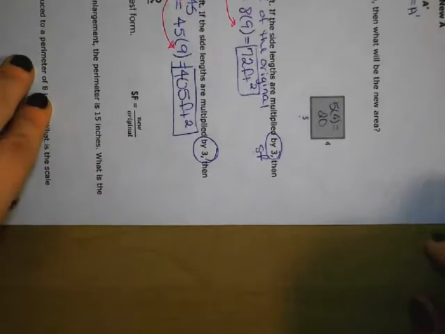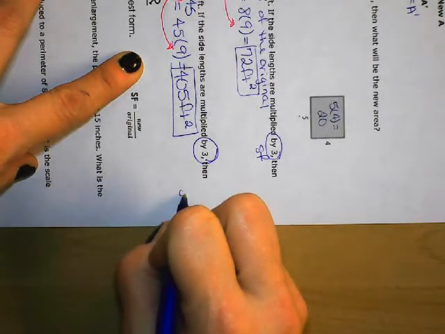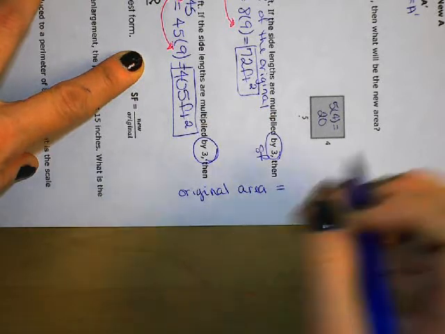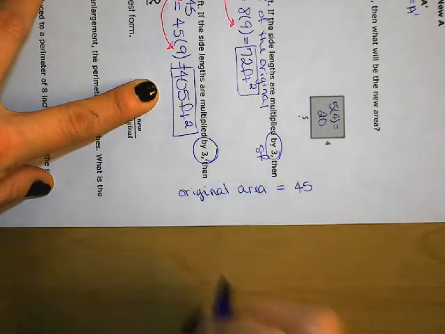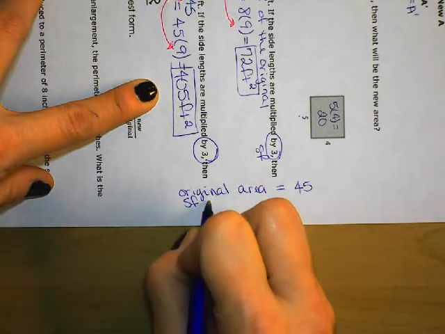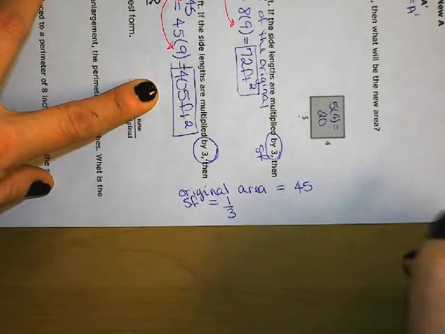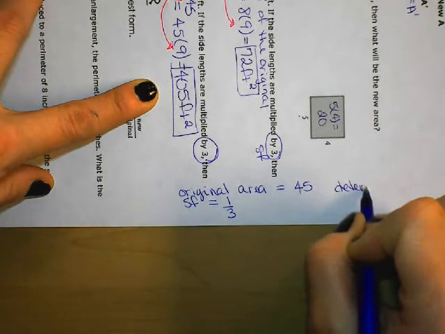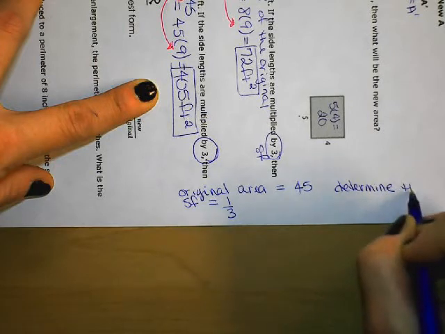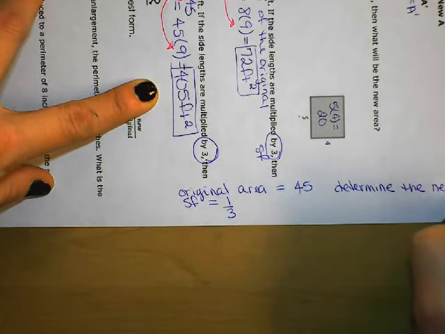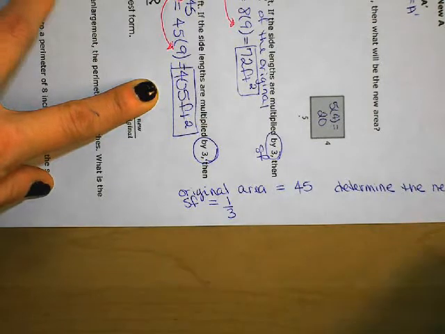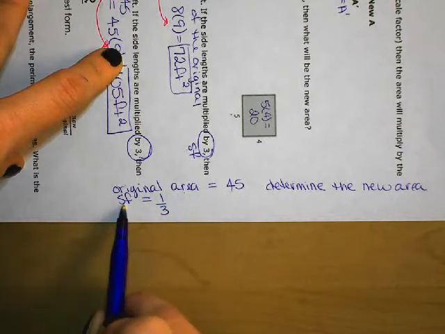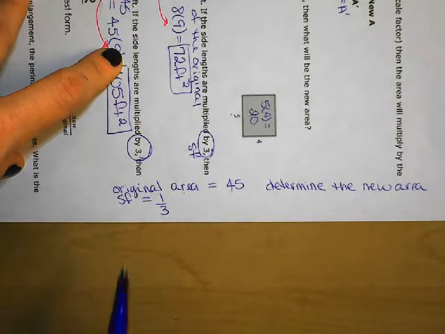So I'm going to turn my paper, and let's say that the original area equals 45, and the scale factor equals 1/3. I would like to determine the new area.